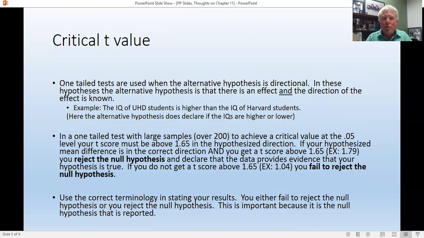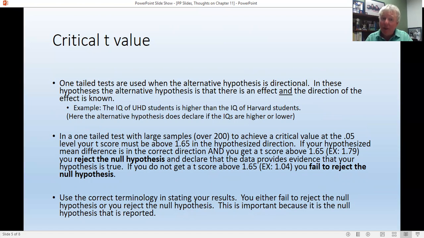Now, in situations where you have a one-tail test, and these are more often in social sciences, in all honesty, one-tail tests are used when an alternative hypothesis is directional. In these hypotheses, the alternative hypothesis is that there's an effect and the direction of that effect is known.